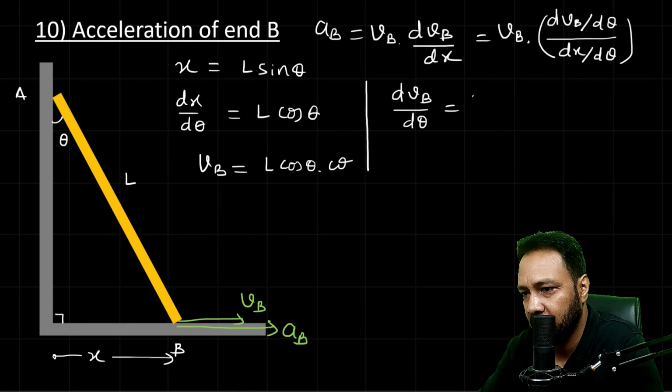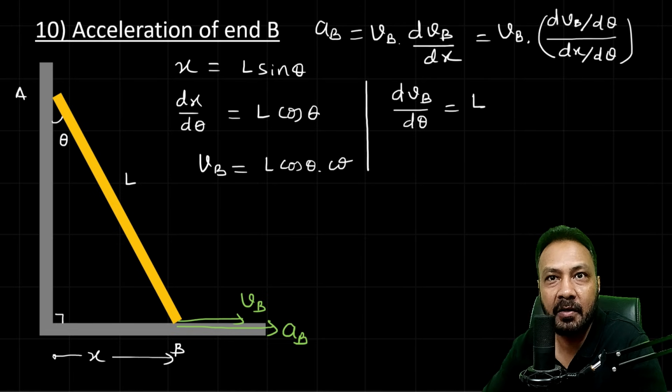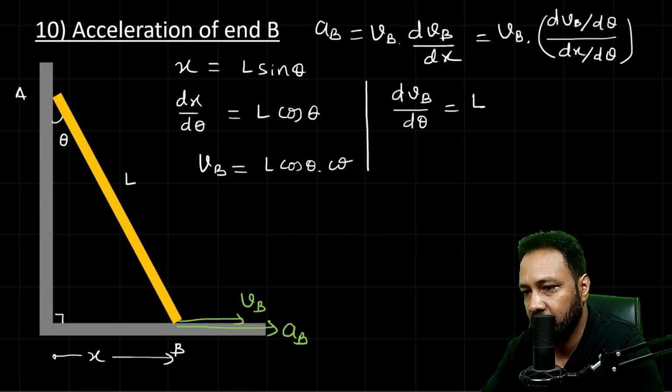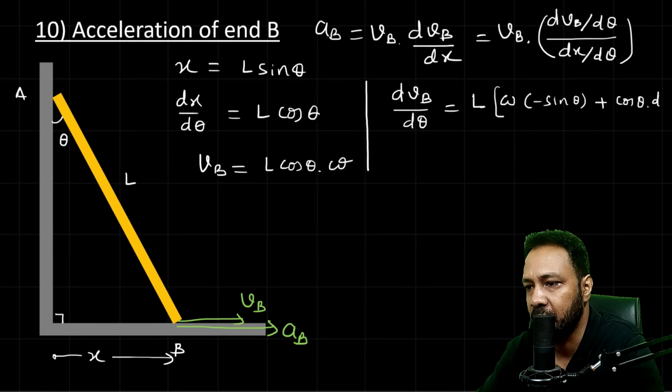So here, if I take L outside and omega is variable, I will do the product rule. Omega into the derivative of cos theta, which is minus sin theta, plus cos theta into d omega by d theta.